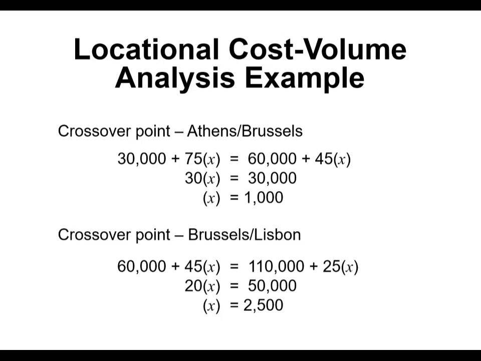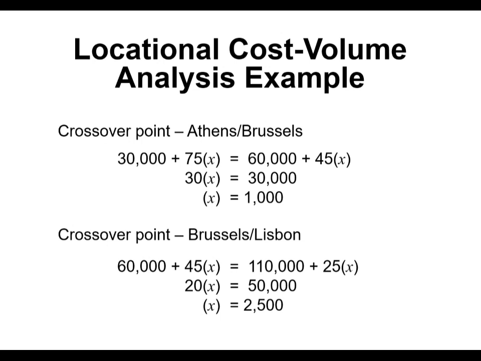This is the variable cost times X, the quantity that we try to find. Okay, so all the figures that have x, 45 minus 25, then 20x. 110,000 minus 60,000, then we get 50,000. Then x should be the crossover at 2,500 quantity.